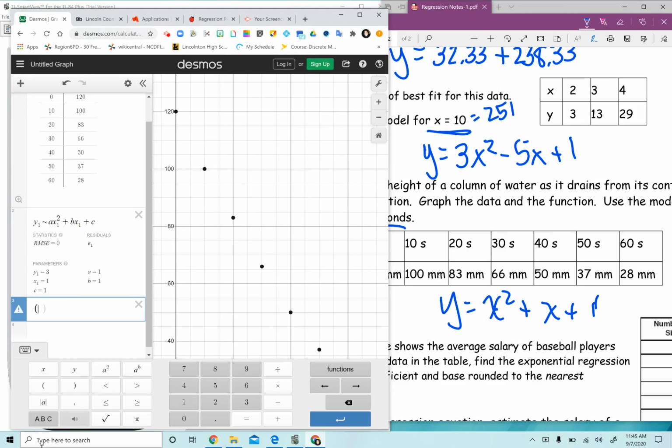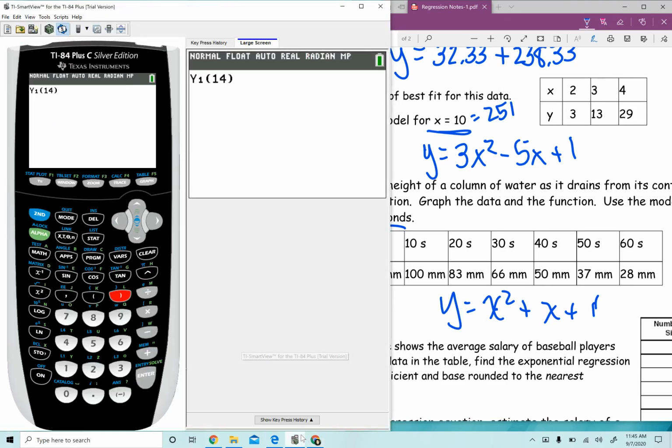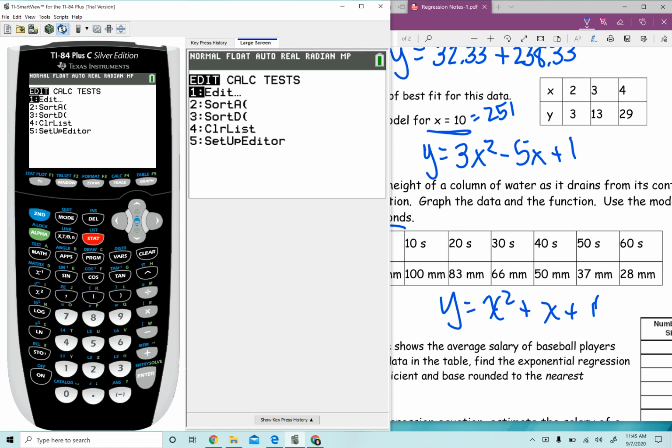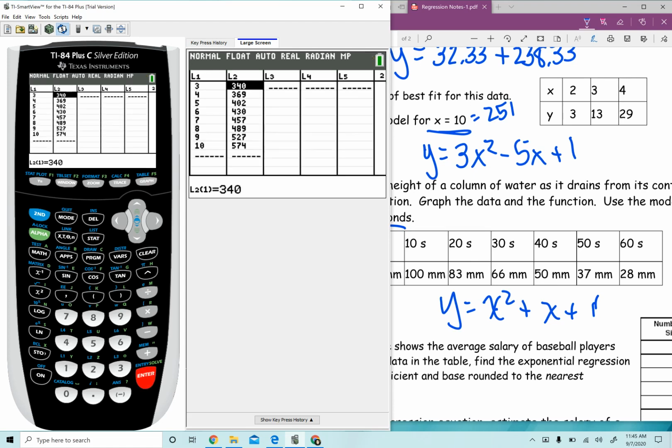That doesn't look like the right equation. Let's try that over here. Something's wrong with that, because I've done this problem before. So stat, maybe it is right. Edit. Let's clear it and see.